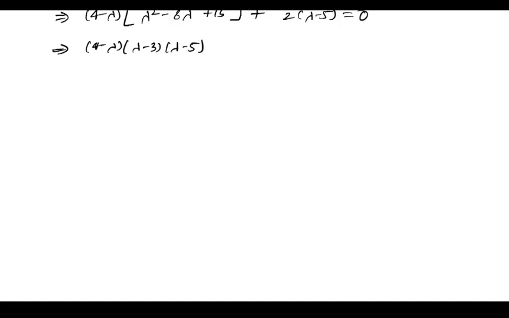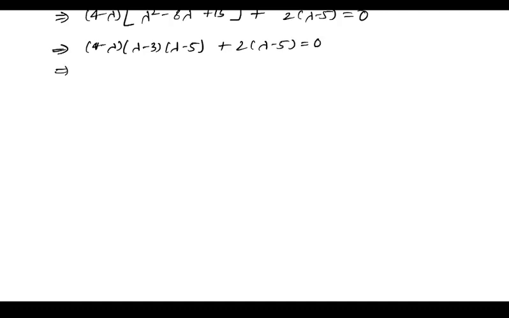So we are left with the equation (4 minus lambda) times [lambda square minus 8 lambda plus 15] plus 2 times (lambda minus 5) is equal to 0. We can factorize the thing in the square bracket, and it will come out to be (lambda minus 3)(lambda minus 5), so that it becomes lambda square minus 8 lambda plus 15, plus 2 (lambda minus 5) equal to 0.